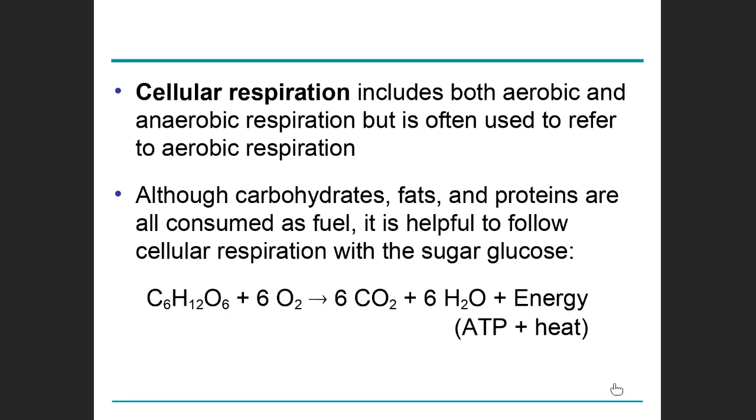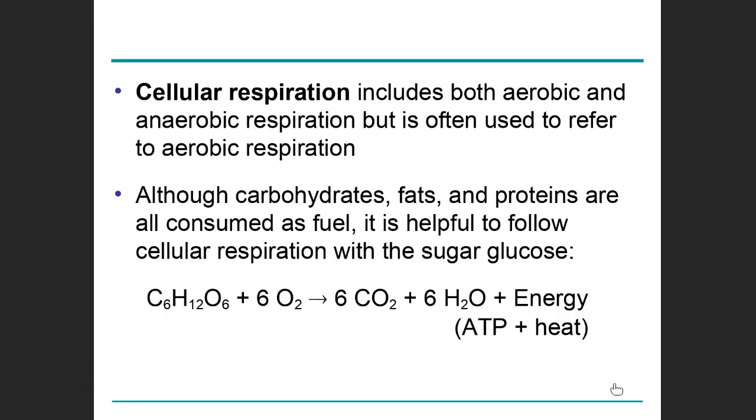When that glucose is completely ripped apart carbon by carbon, all those carbons are released as carbon dioxide. So C6 in the glucose, we get 6 molecules of carbon dioxide. Water is also produced as a metabolic byproduct. So when you oxidize or burn a food molecule like glucose, you also produce a little bit of water as a byproduct.